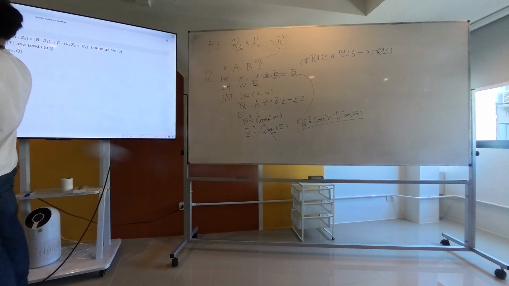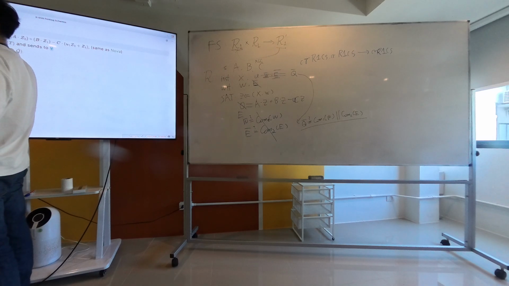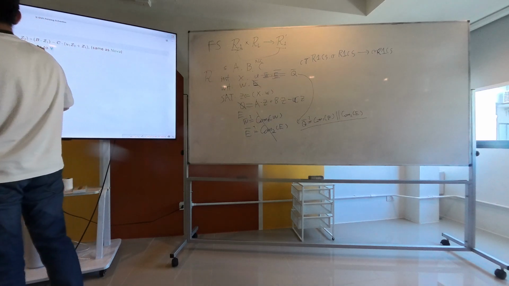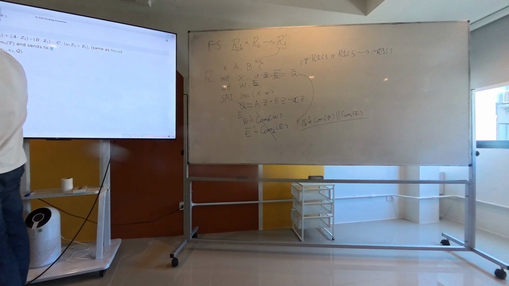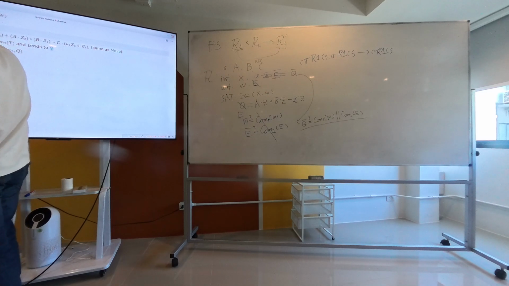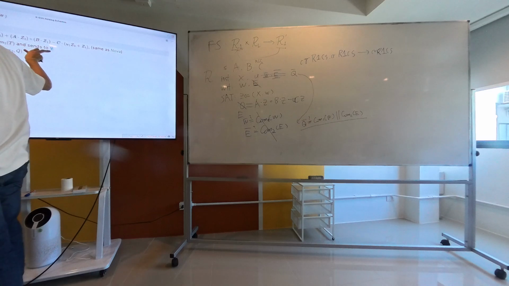So the prover first computes the cross terms T, exactly the same as NOVA, and then the prover commits to W2 and T, concatenates those two commitments together and sends them to the verifier.